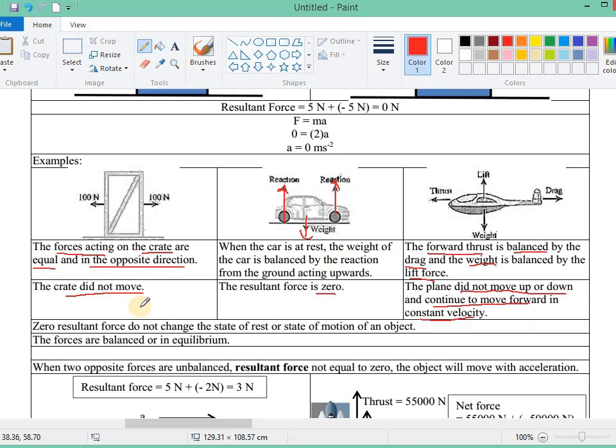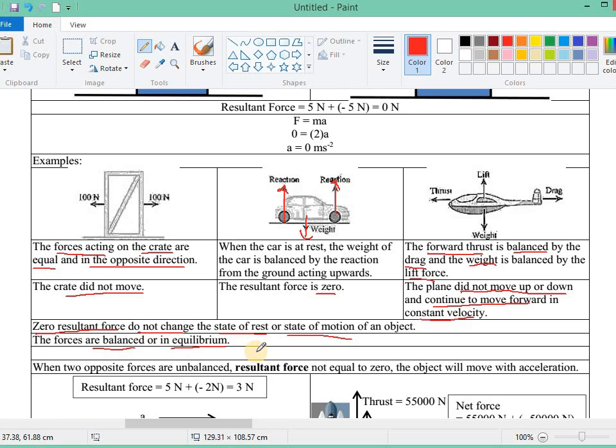Alright, so zero resultant force does not change the state of rest or state of motion of an object. The forces are balanced or in equilibrium. Okay, this is a word that we can use to describe this situation.